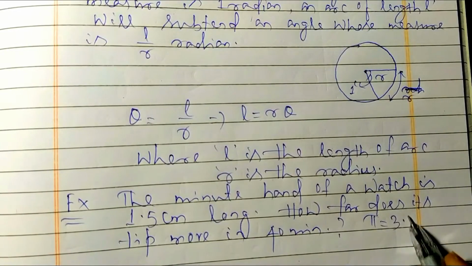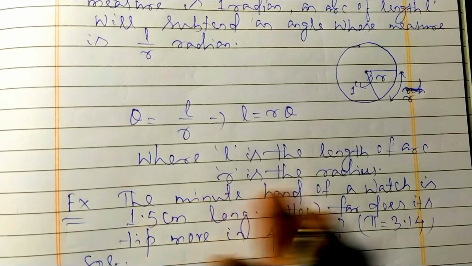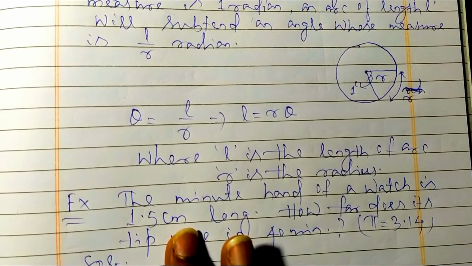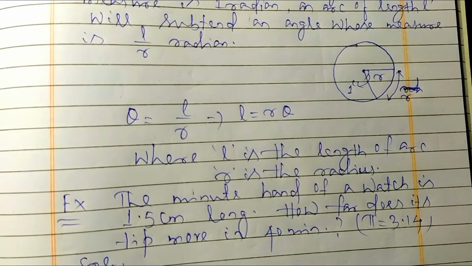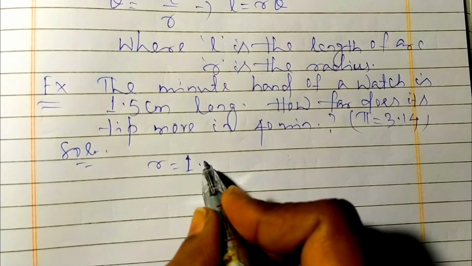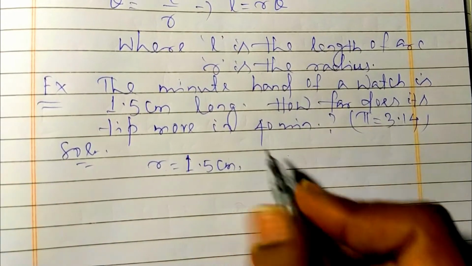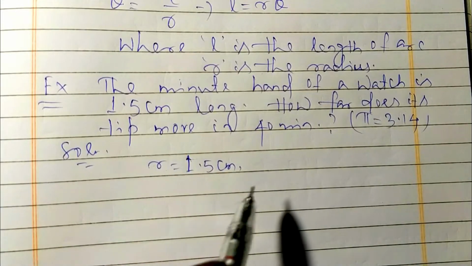Use pi is equal to 3.14. Here given r is equal to 1.5 centimeter.